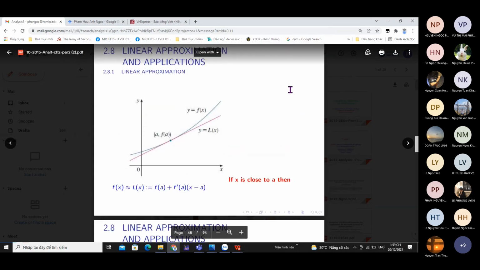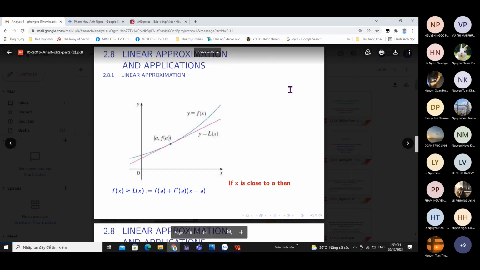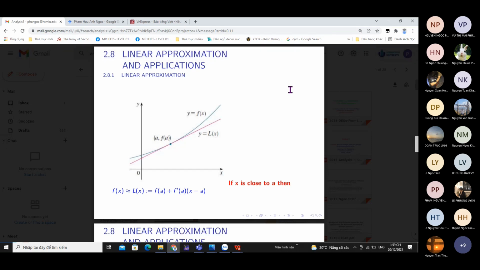So here, look at the figure. We have got the graph of the function f. It's just the blue curve here. Now we consider the point with coordinates a, f of a. It belongs to the graph of f, right?